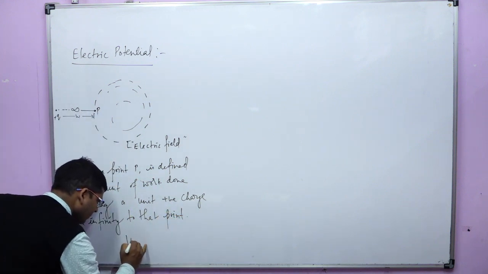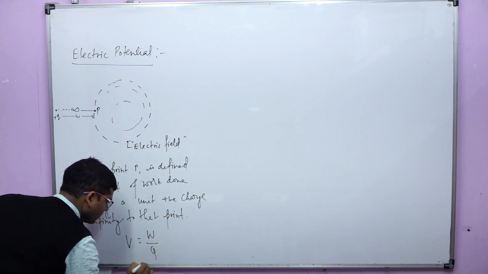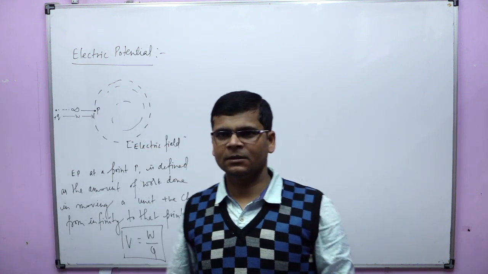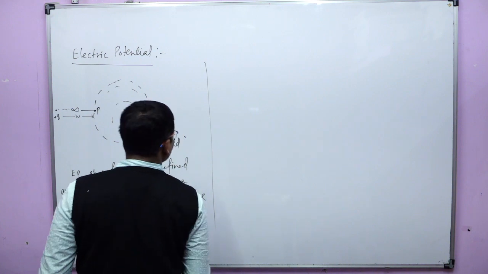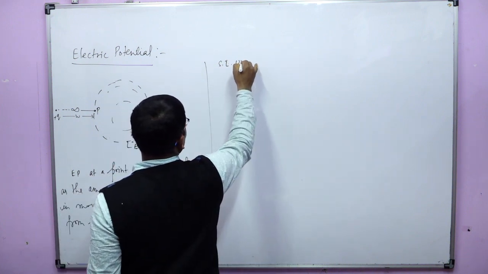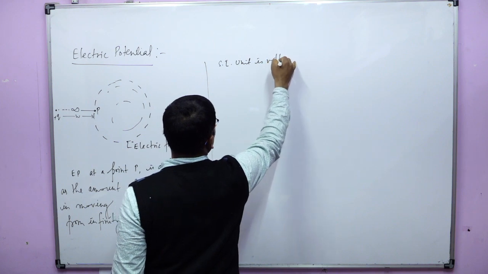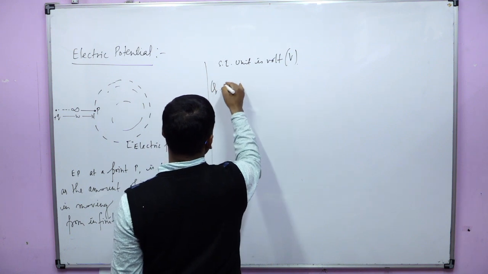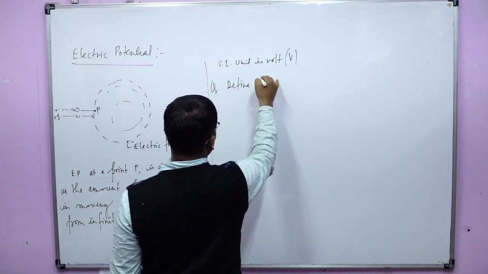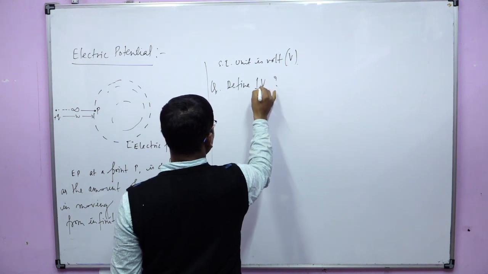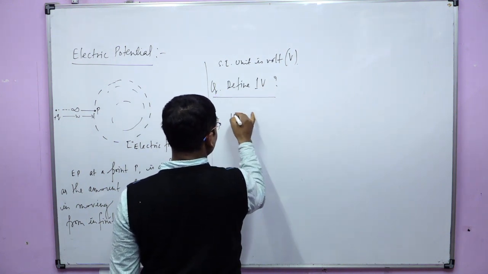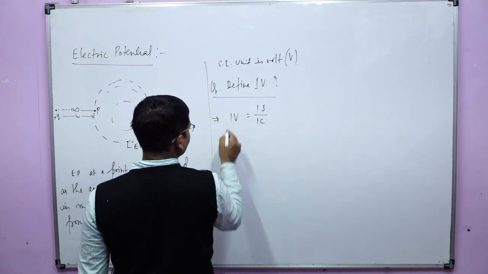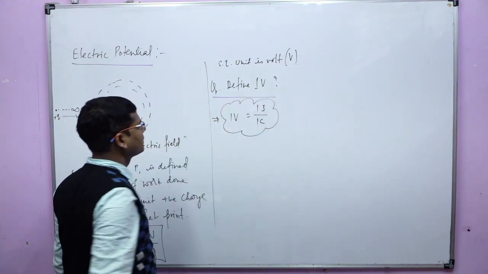So electric potential V is the amount of work done in moving a charge. The SI unit is volt. If you are asked to define 1 volt, then how will you define? 1 volt of electric potential means 1 joule of work is done in moving 1 coulomb of charge.